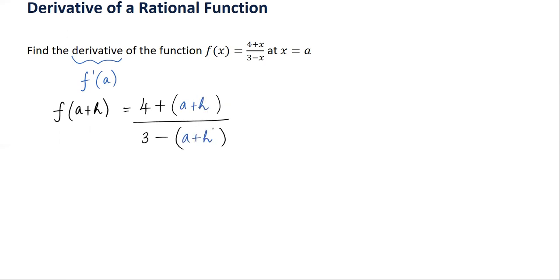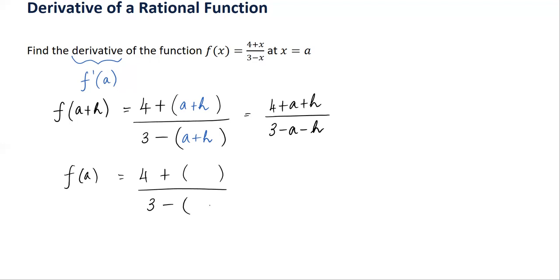So that gives us 4 plus a plus h over 3 minus a minus h. Remember to distribute the minus. Okay. And f of a is where you once again have a function that had an x, now replaced by a, because in the place of x you have a: 4 plus a over 3 minus a.